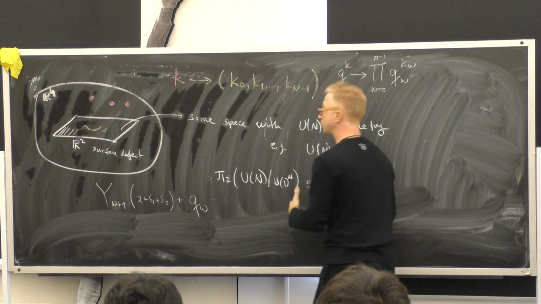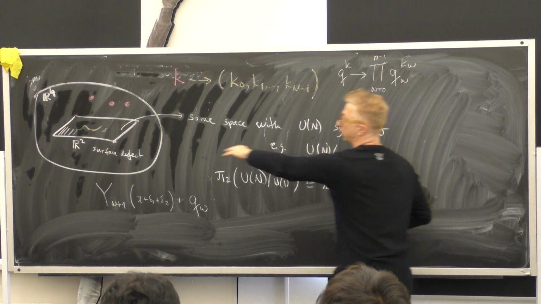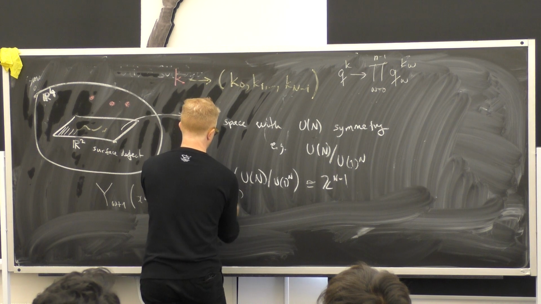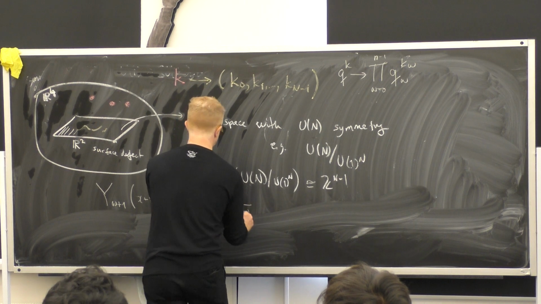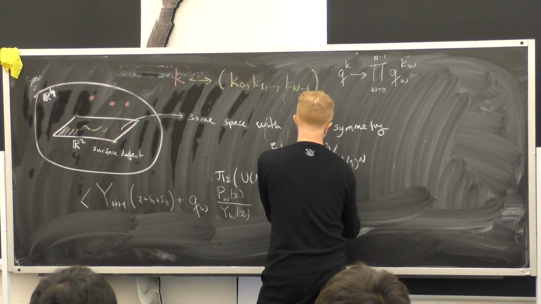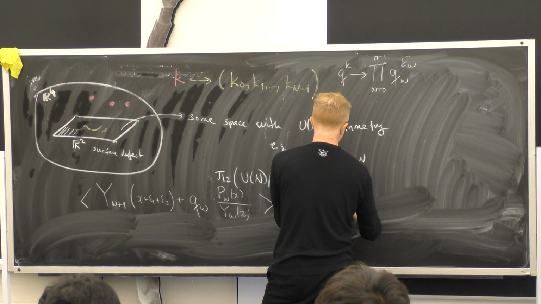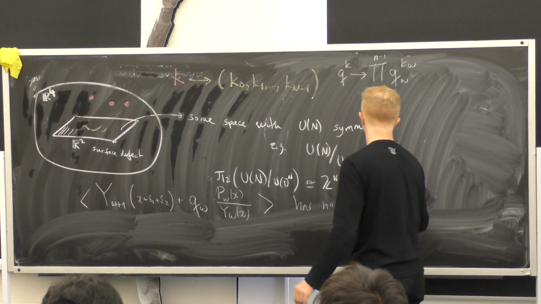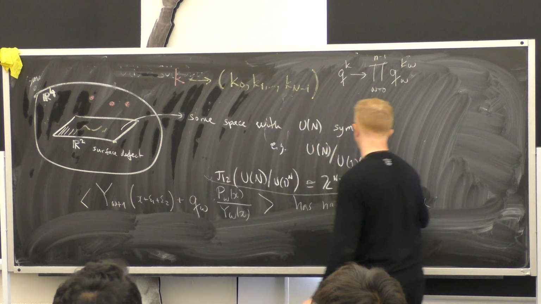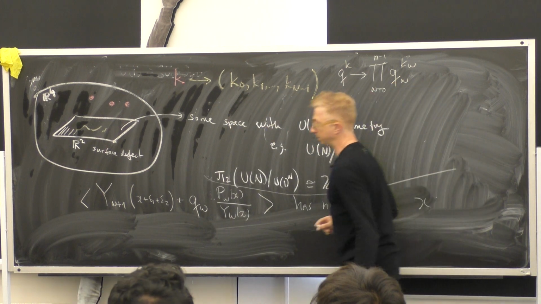So my partition function now depends on many more parameters because I have many more topological charges. P sub omega over y sub omega has no poles in X. So the same compactness theorem buys you almost for free that powerful statement.